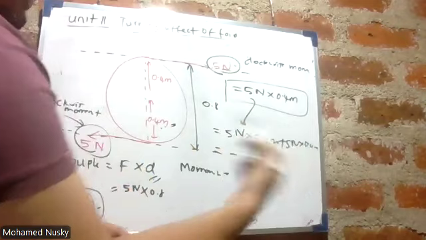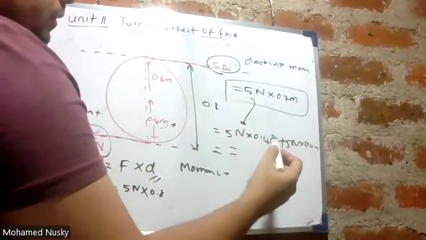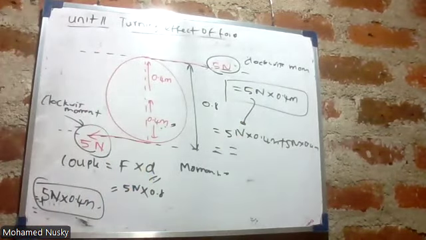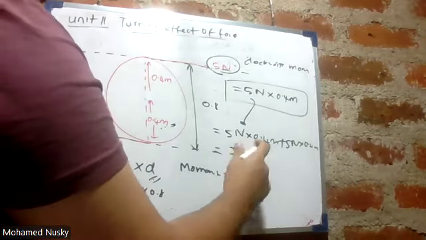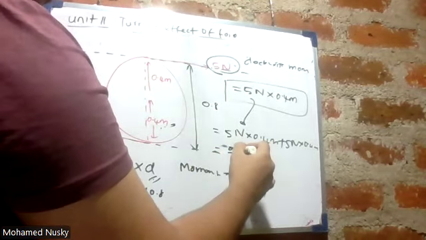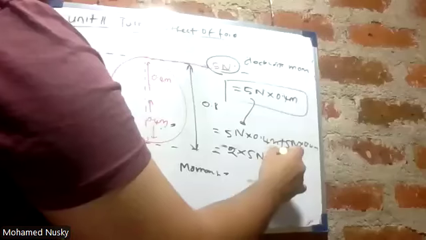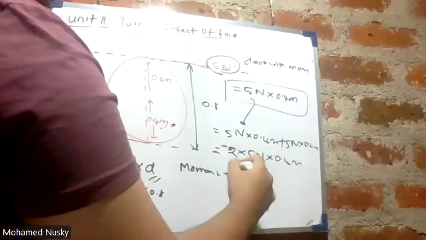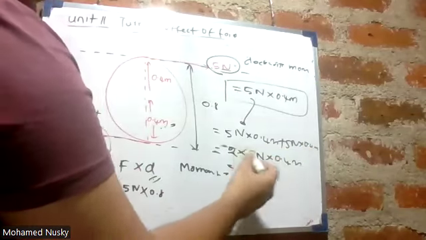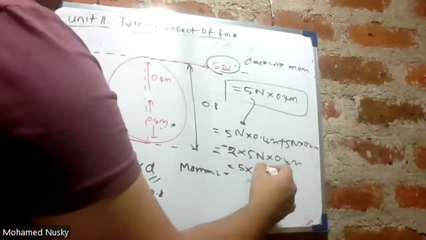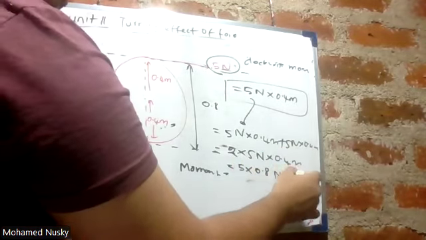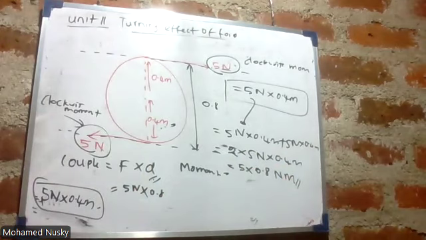If I take the 5 as common, 2 into 5 Newton into 0.4, that is 5 into 2 into 0.4, which is 0.8 Newton meter. So what's the answer? Answer number 2.